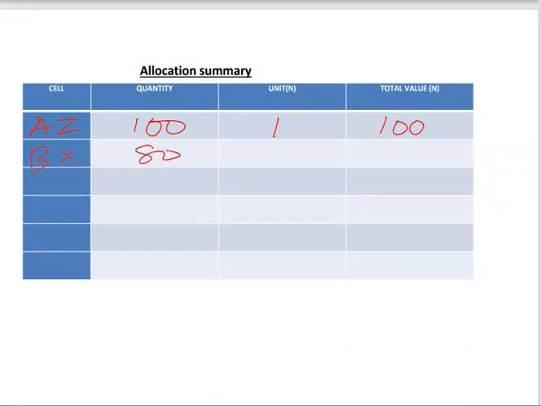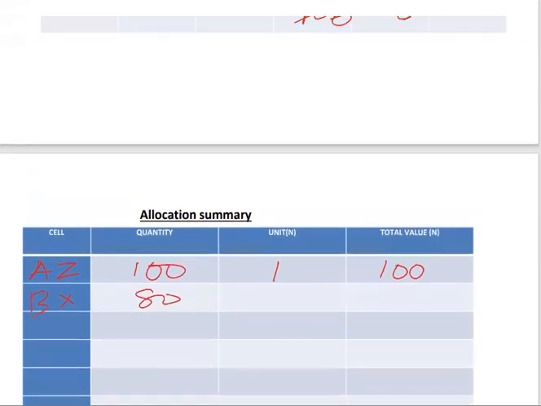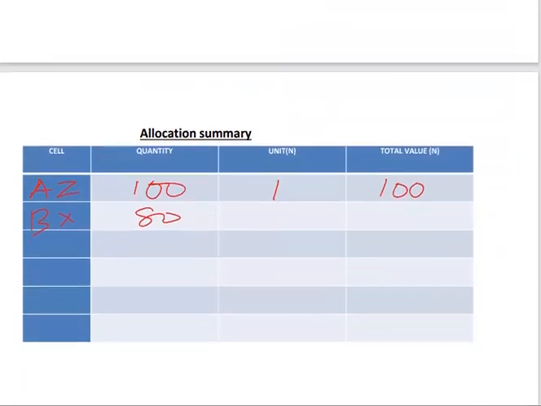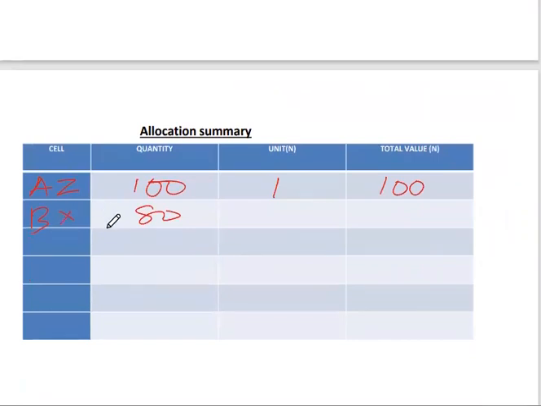At what price? 3 naira. How much, please? 270. BX is 90 and 3. Now 90 multiplied by 3 is 270 naira.